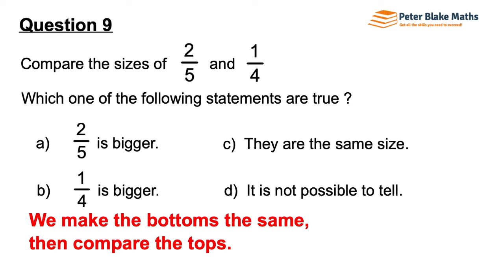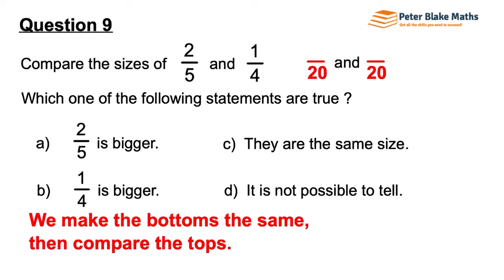Okay, to compare fractions we need to make the bottoms the same and then compare them. Because it's very difficult to figure out whether 2/5 is bigger than 1/4 without having the same bottoms and then comparing the tops. So let's turn each of them into something out of 20.